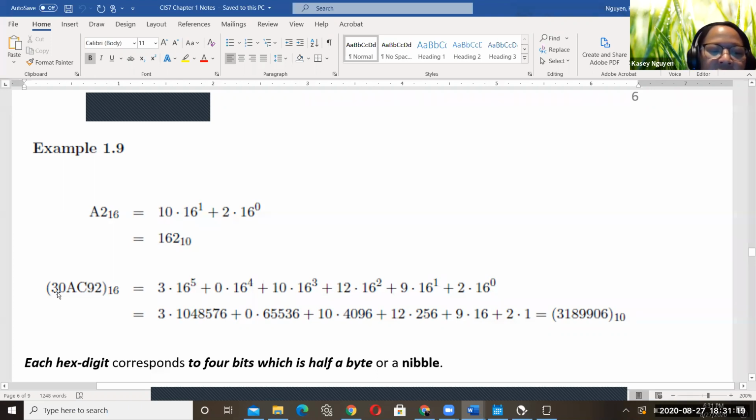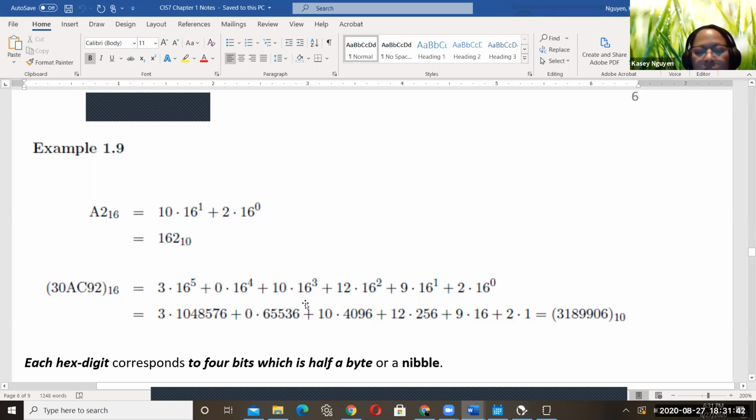When we get to the last digit here, which is 3, it is multiplied by 16 to the fifth. After you multiply everything out and add them together, you have the decimal, the base 10 equivalent of that value.